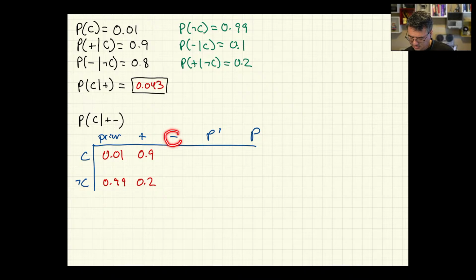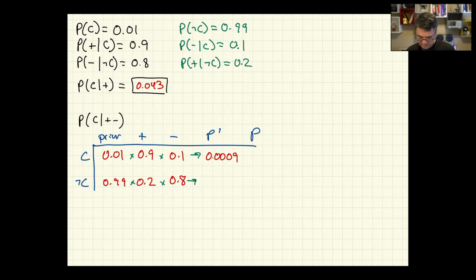So we have the probability of a negative test given that we have cancer, which is this number here. And then the probability of a negative test given that we don't have cancer, which is this number. Multiply those across. 0.01, 0.9, and 0.1 gives 0.0009.